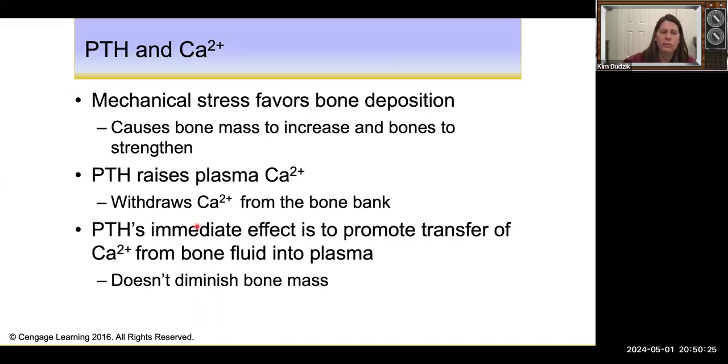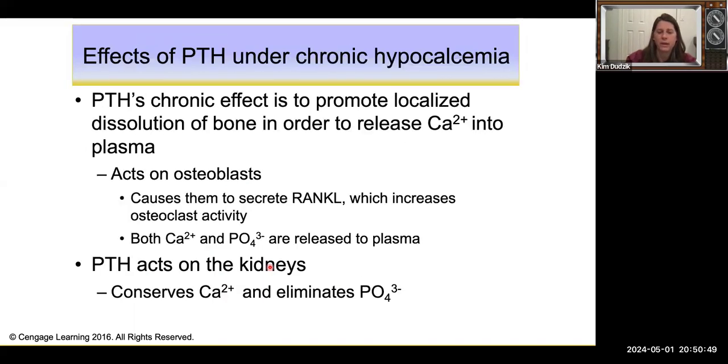Under normal circumstances, parathyroid hormone can raise plasma calcium levels within the homeostatic range by withdrawing calcium from the calcium that's just in the bone fluid and not associated with the scaffolding of the bone, or the crystallized portion of the bone. Okay, rewind that to make sure that you understand the differences there. Okay, all right.